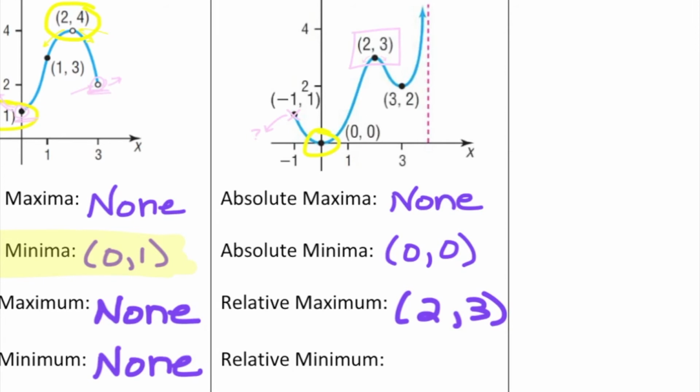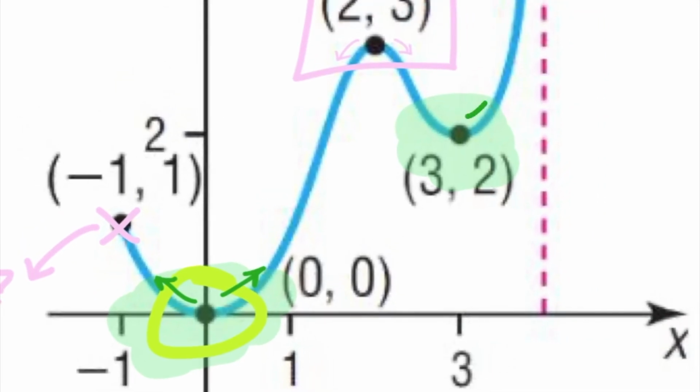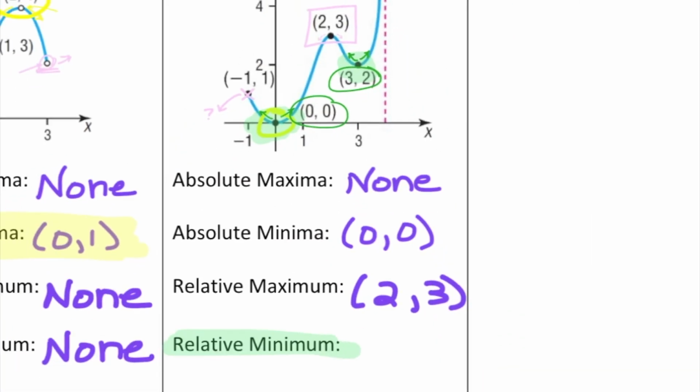And then if you take a look at, there's 2 places where there's a relative minimum. And the relative minimum criteria are met in both of these places here, because at 0, 0 there are points immediately to the left and right that are higher, and at 3, 2 there are points immediately to the left and the right that are higher, and so these 2 points are relative minima.